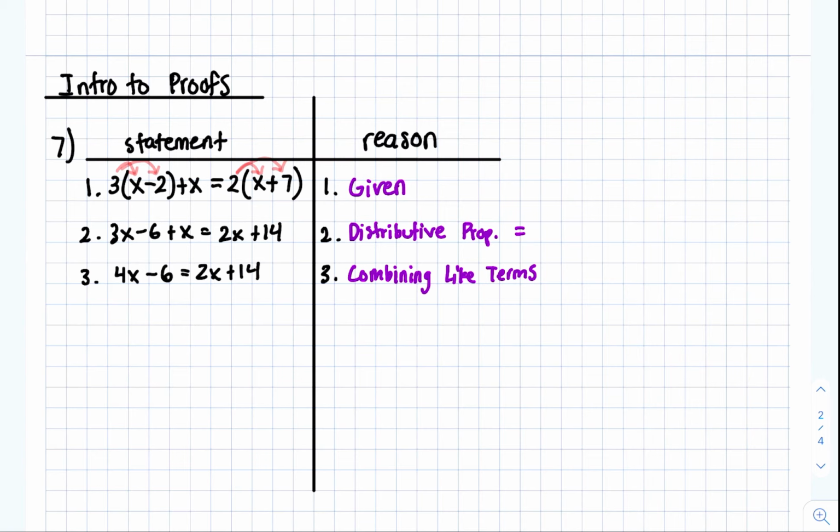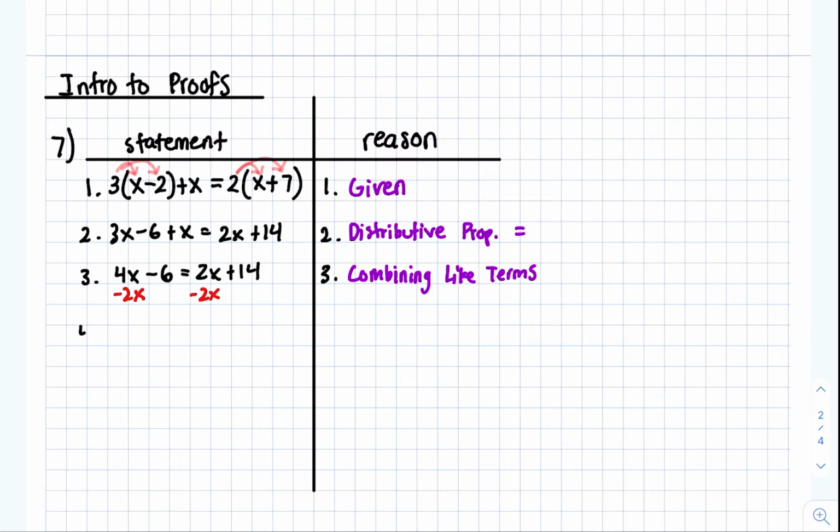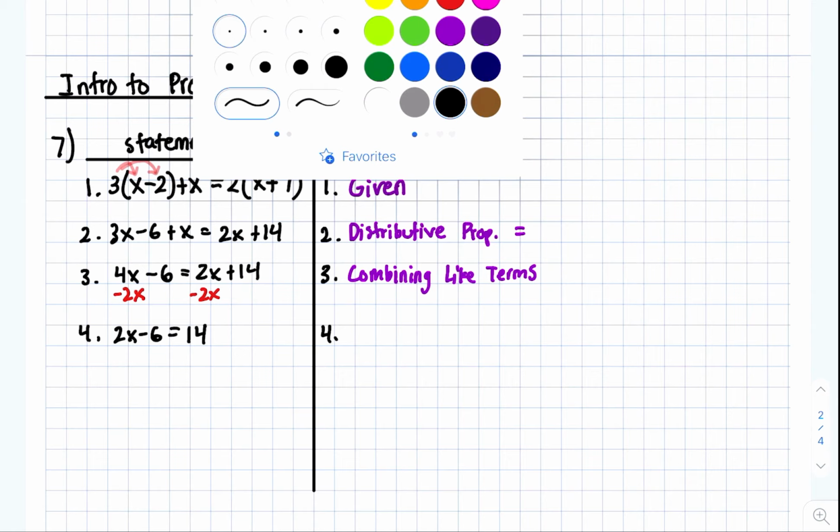Alright, now we need to get variables on one side and constants on the other. So I'm going to subtract 2x from both sides. I'm going to have my variables on the left hand side. So we're going to get 2x minus 6 is equal to 14. Reason, subtraction property of equality.